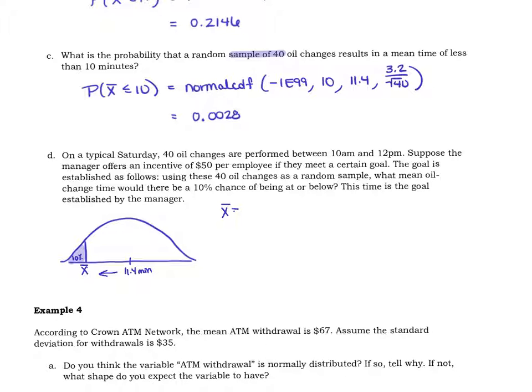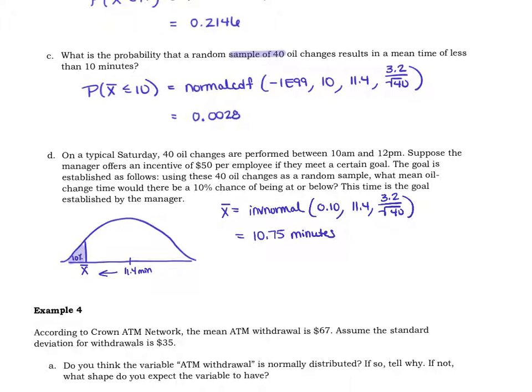So again, if we're going to find x bar, we need to use our inverse normal function. Our area would be 10%, that's the left tail. Mean of 11.4, standard deviation 3.2 over the square root of 40. And this turns out to be 10.75 minutes.